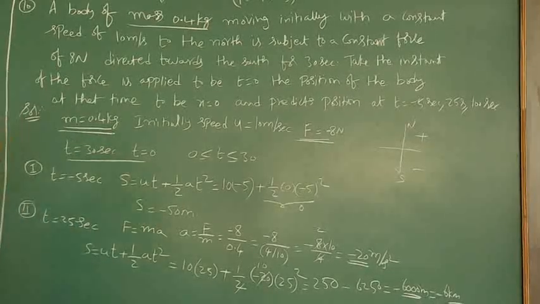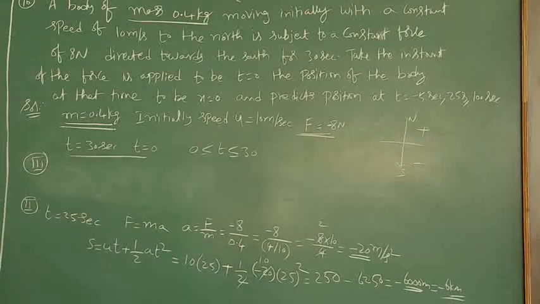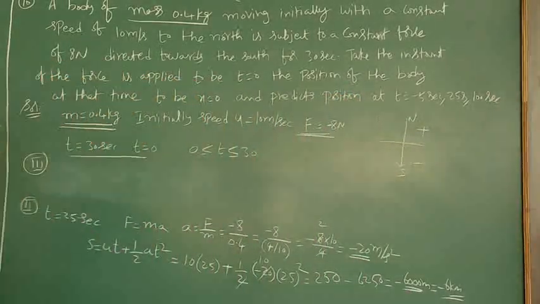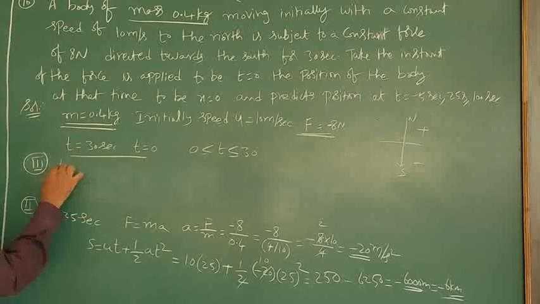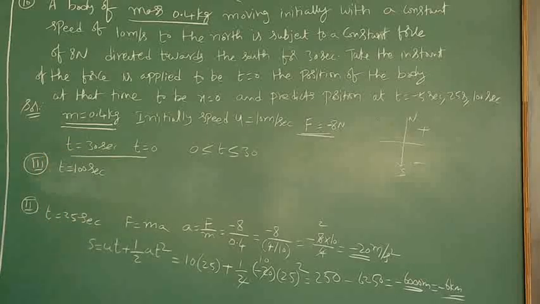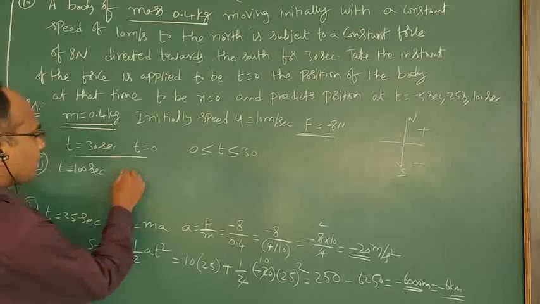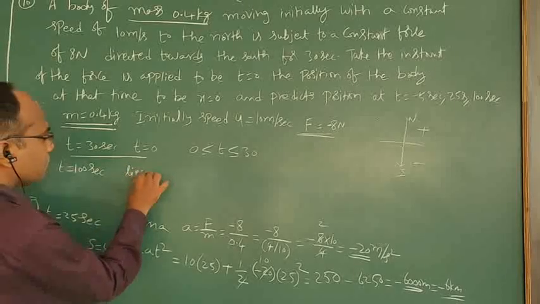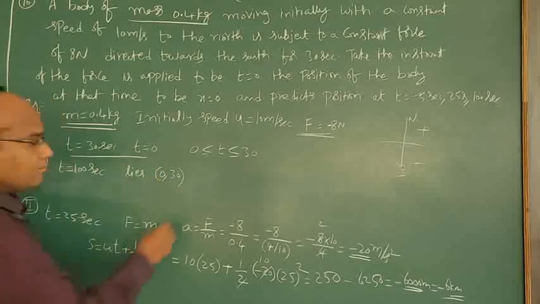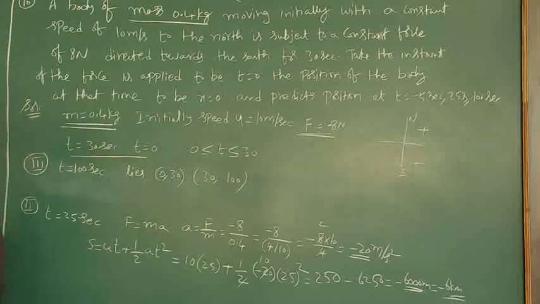Next. Now the third case, they are given as t is equal to 100 seconds. So here what should I write? t is equal to 100 seconds. So here it lies between 0 to 30, not 100. So what is the meaning of this one? 100 lies between 0 to 30 and 30 to 100.